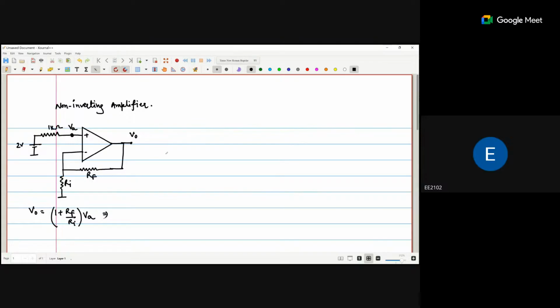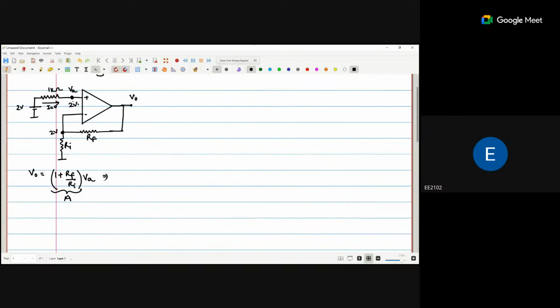This 1 plus RF by Ri is also called the gain of the operational amplifier. We solve this one also. The current flowing in this particular direction is 0, I is 0. So VA is 2 volts. If VA is 2 volts and the feedback is negative, that voltage is also 2 volts.